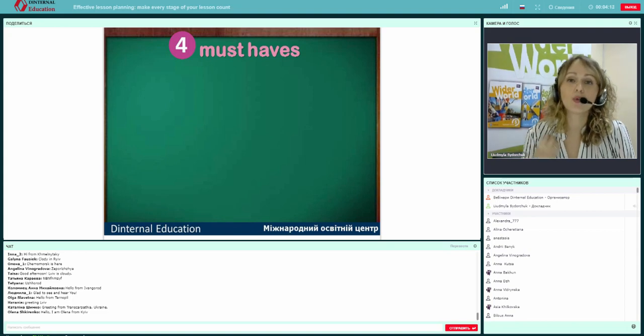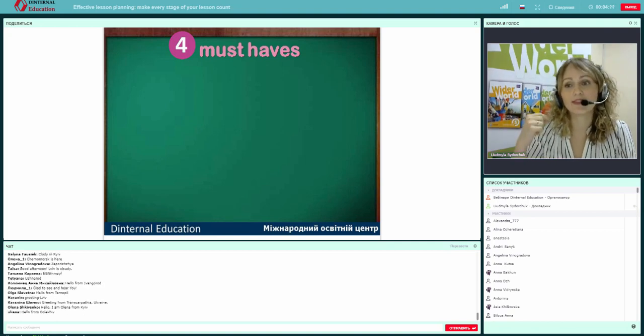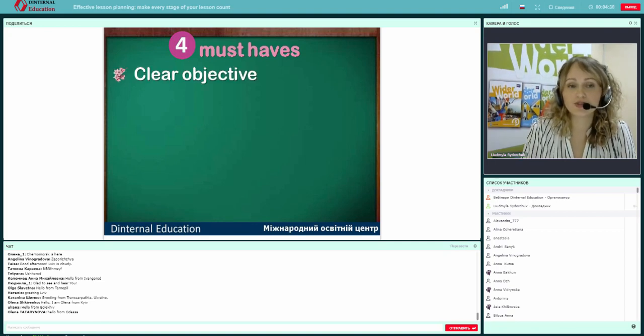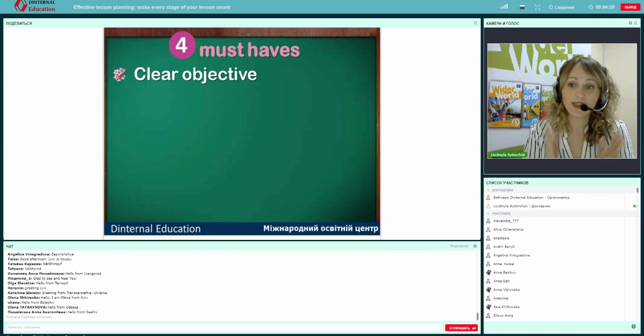So what we are going to teach. So we need to think about the communicative outcome, the final outcome of the lesson, keeping in mind that this aim has to have a communicative character. So this is the first must-have that we need to take into consideration: a clear objective. So what are we going to teach? Well, as soon as we know that, it's really easy to proceed with the planning.